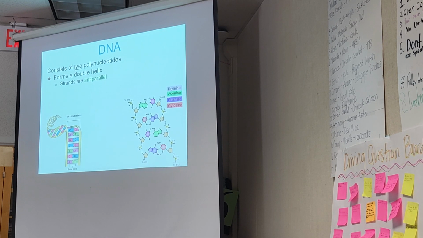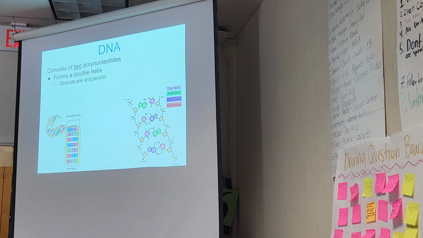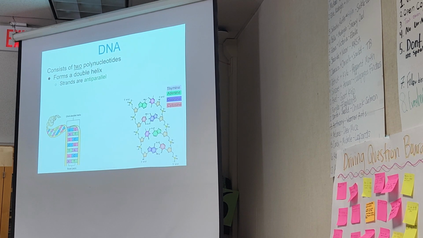This is our 5'. We know it's attached to the deoxyribose, right? And then here's an A. There's adenine. And then we know A pairs with T. So that makes this a T, right?